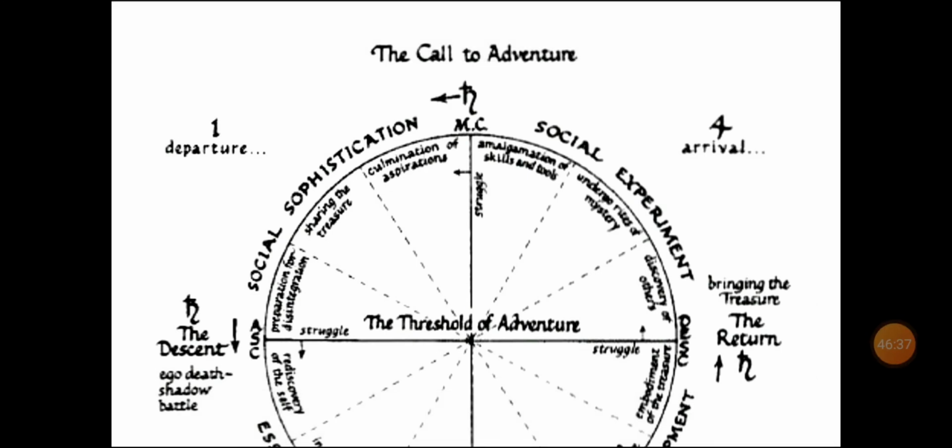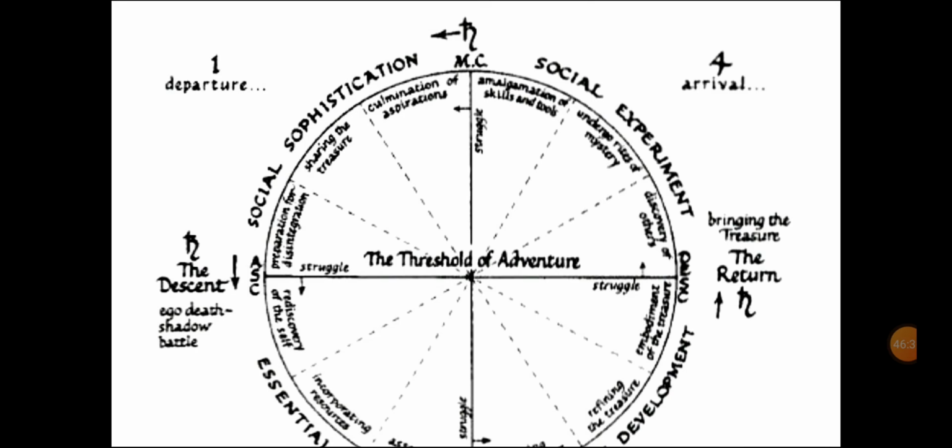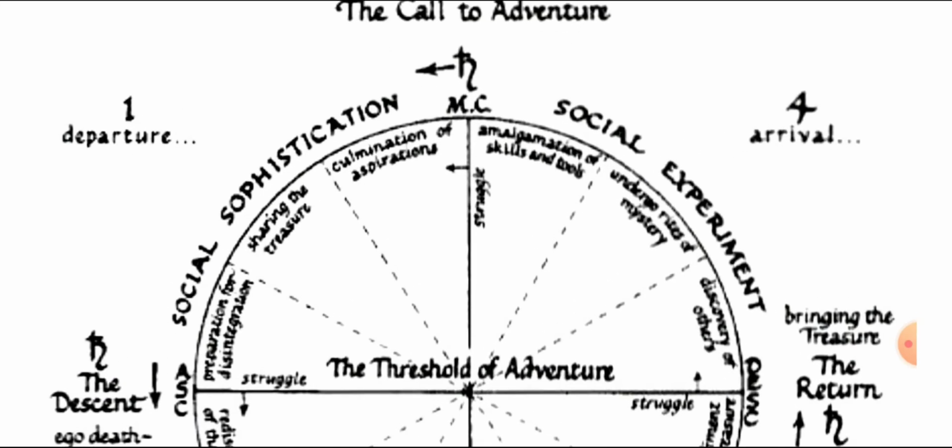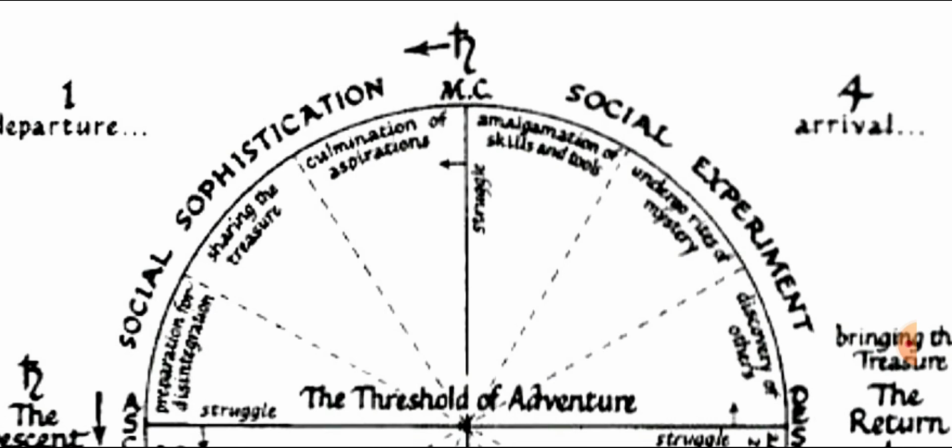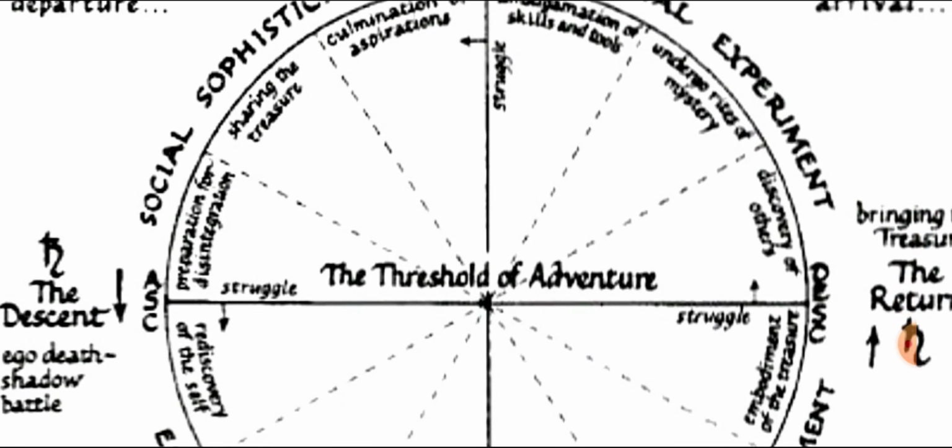But if your Saturn is elsewhere, then you will still have MC. So MC is what other people, what the public wants from you. Yeah? But your Saturn is what you want from yourself.